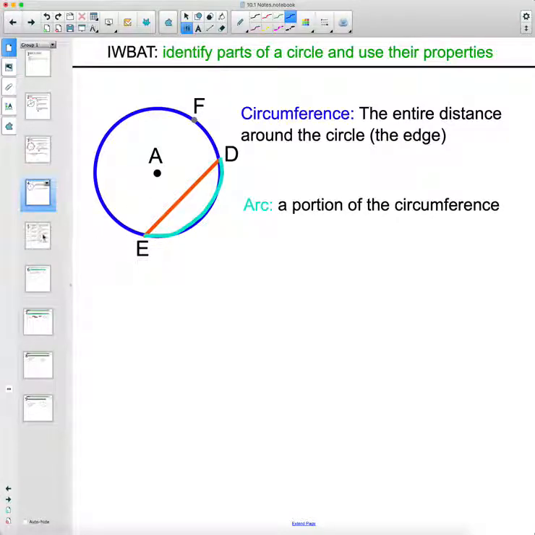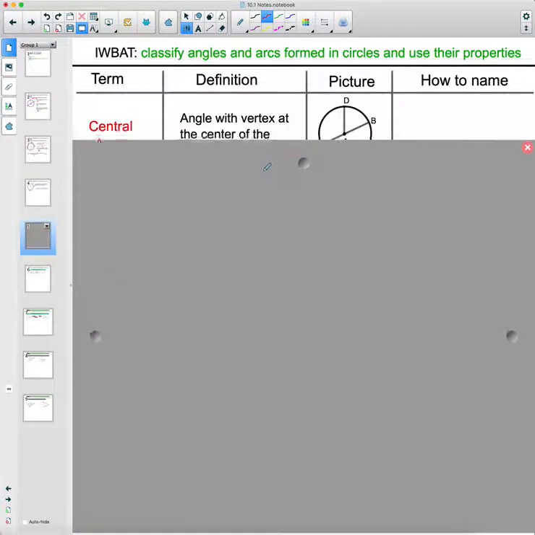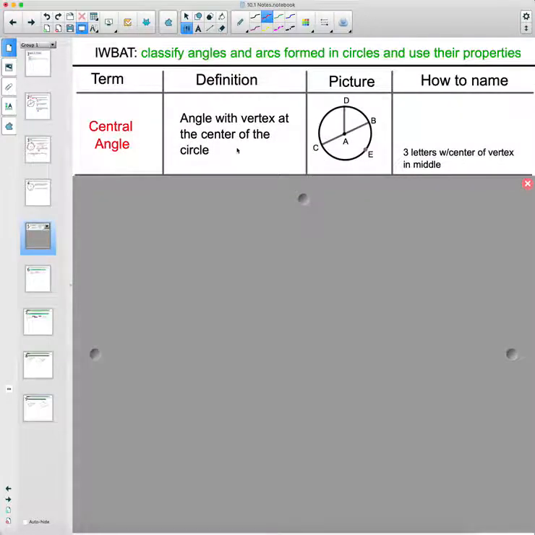And then there's all sorts of different types of arcs, okay? So first let's talk about a central angle, and then let's get into the types of arcs. So a central angle has its vertex at the center, okay?